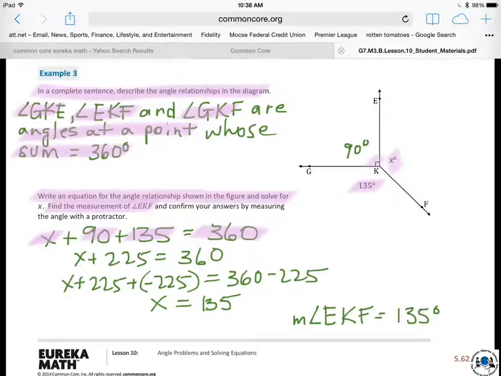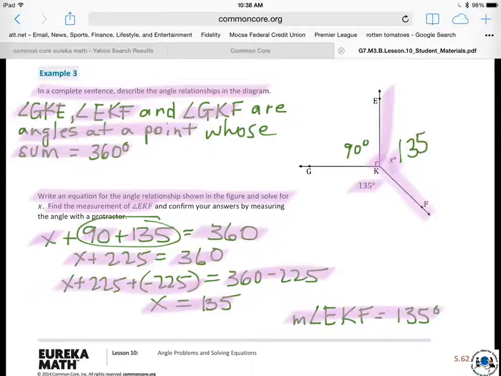Go ahead and do our equation. Combining like terms, this is adding these two, which gets us x plus 225 equals 360. Taking away that 225 from both sides, we get x equals 135. So the measurement of angle EKF right here is actually 135 degrees.